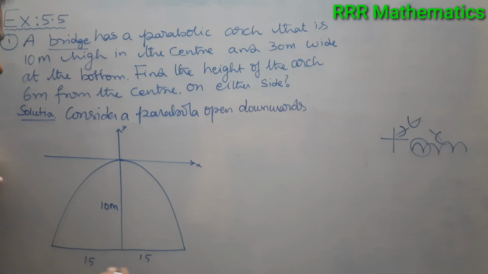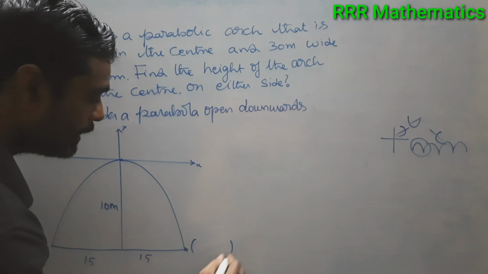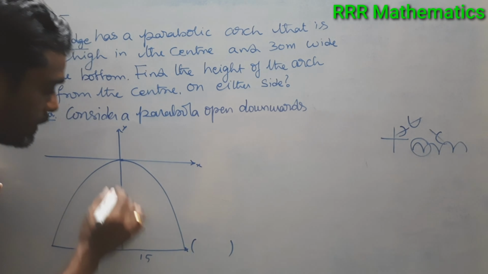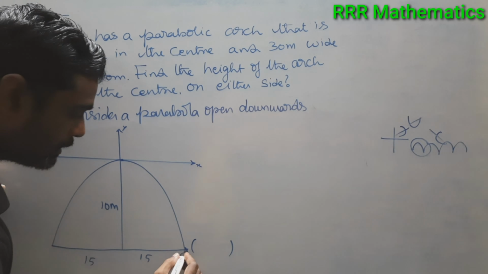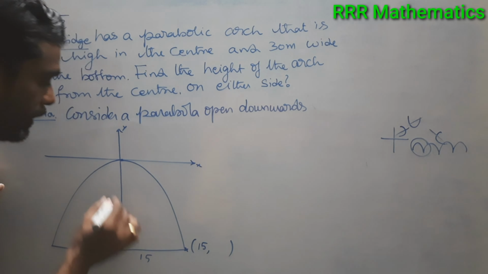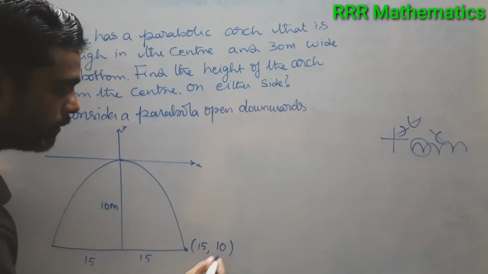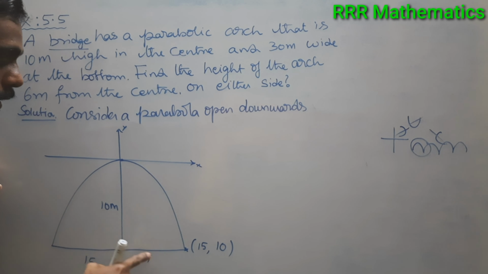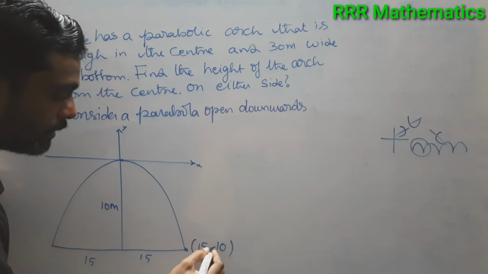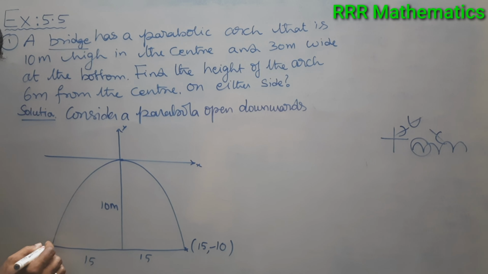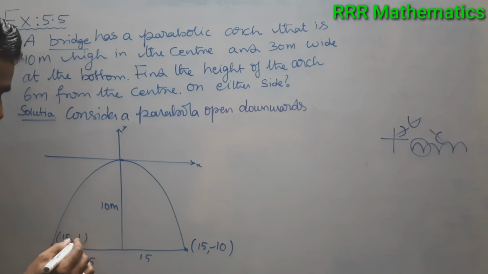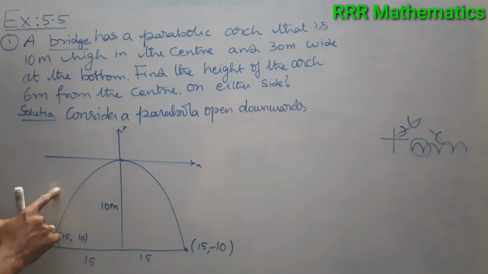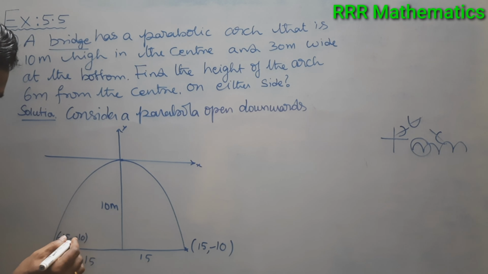So from this one I can say this point as horizontal distance comma vertical distance, whose horizontal distance is 15, vertical distance is 10. Because of fourth quadrant, x is positive, y is negative. And here I'll take the point horizontal distance 15, vertical distance 10, because of third quadrant, where x and y coordinates are negative. Got it?